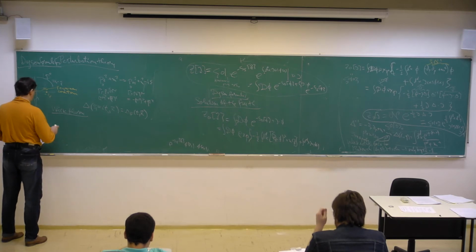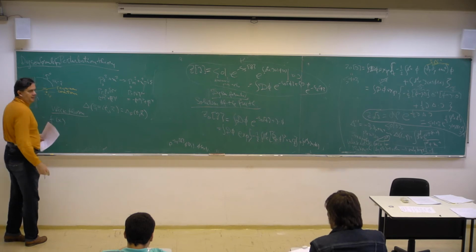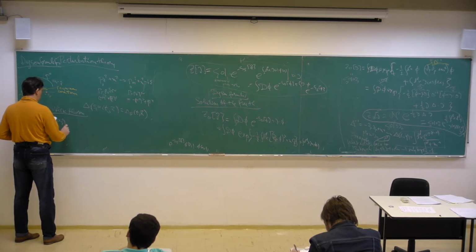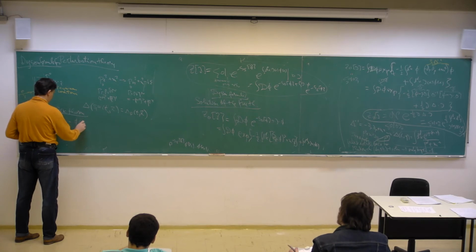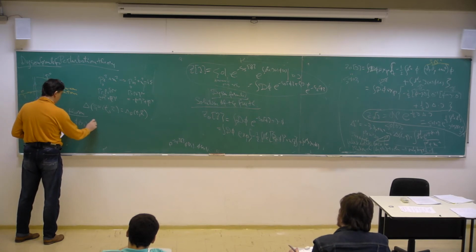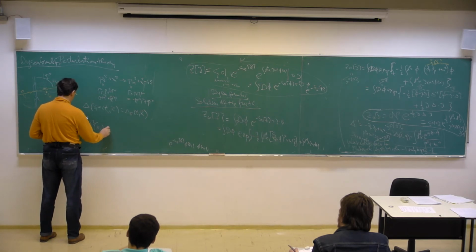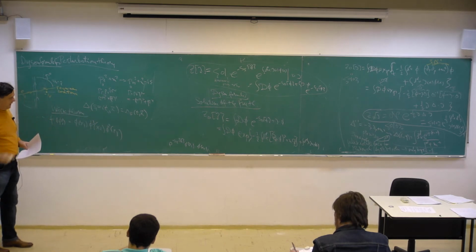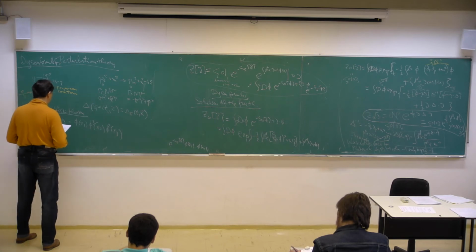So let's consider a function of phi's, let's say. Let's take something like this: phi of x1, phi cubed of x2, phi squared of x3. Just some product of phi's at different points.